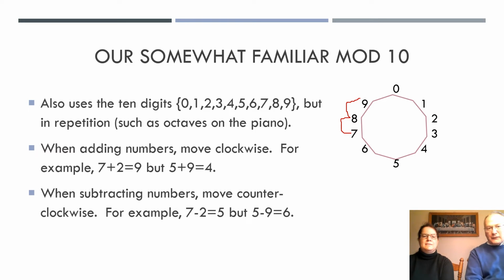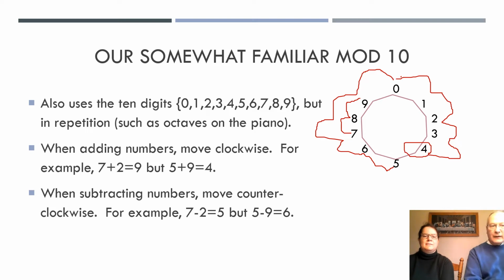However, if we go 5 plus 9, so we go clockwise 9, that's 4, 5, 6, 7, 8, 9, we end up at 4. So 5 plus 9 equals 4 in the mod 10 system.